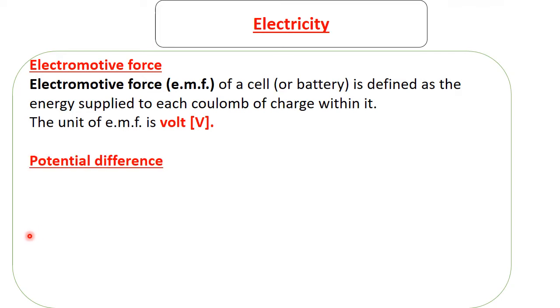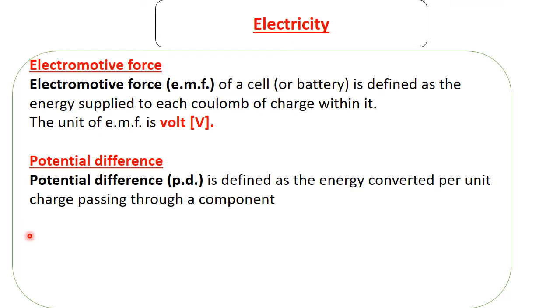Then there's another parameter called potential difference, or PD for short, which is defined as the energy converted per unit charge passing through a component. In an electric circuit, you have components that you want to power. For example, a simple circuit of a bulb will have a battery and some wires connecting to the bulb.